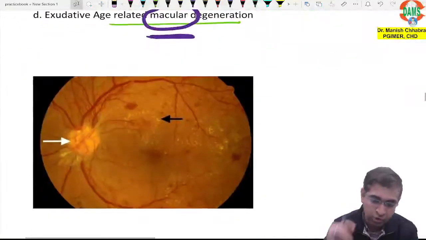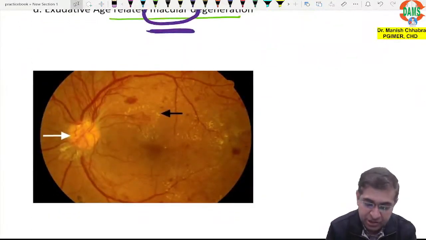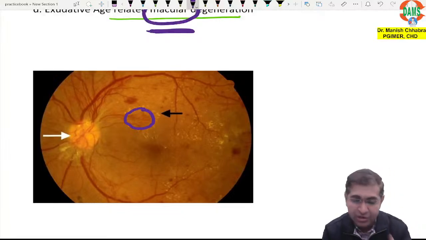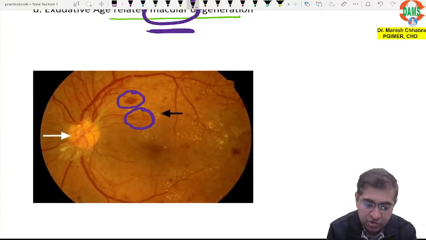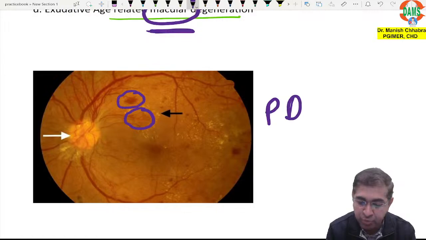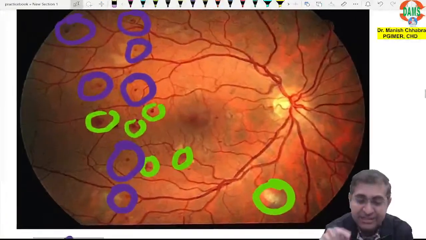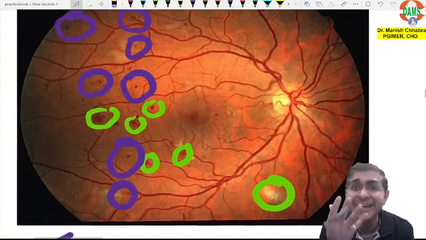Now I am going to show you different images. So here also, can you appreciate that there is regeneration of the blood vessels? Can you appreciate the very tortuous vessels here? So this is your PDR, which is proliferative diabetic retinopathy. But in this image, you could not see any regenerative vessels.